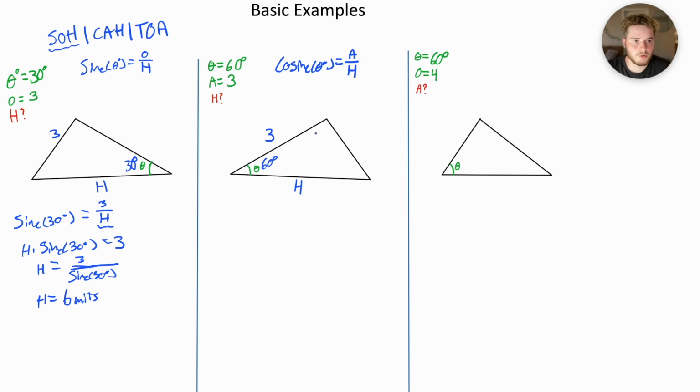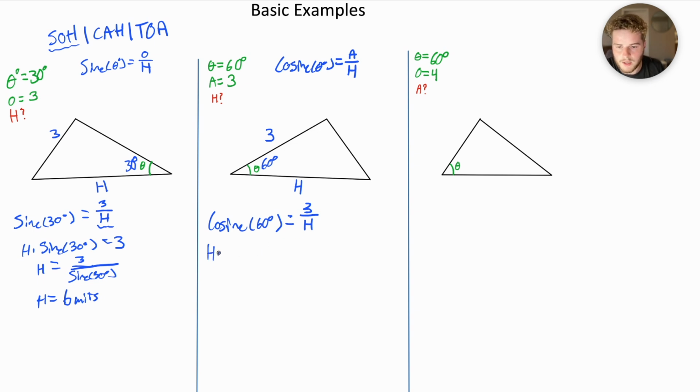And now we're going to go through the steps just like the last problem. So let's write this out. We have cosine of theta, which is 60 degrees, as that was given to us in the problem, equals adjacent, which is 3, that was given to us, over hypotenuse, which we do not know. We can work this just like the last problem. It's very similar.